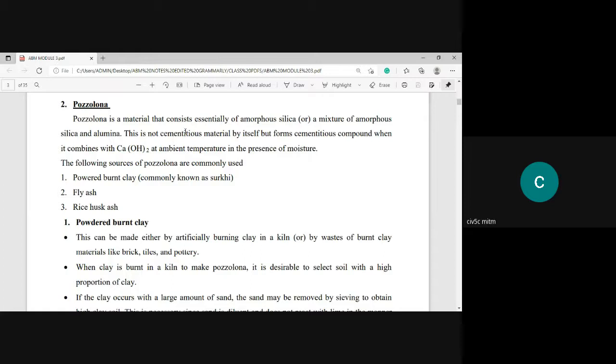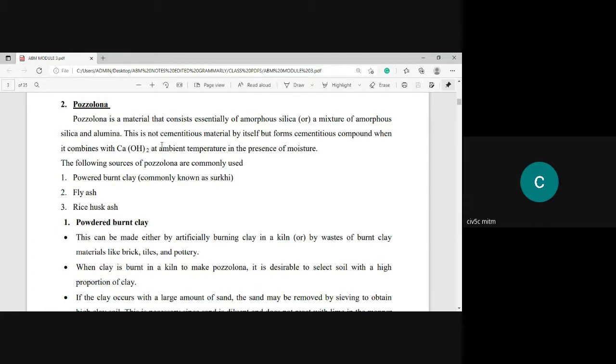Next, it is stated that it is not a cementitious material by itself. That means it doesn't contain any calcium, so it is not going to bind. If it wants to bind, then it demands an element or compound which comprises calcium hydroxide.